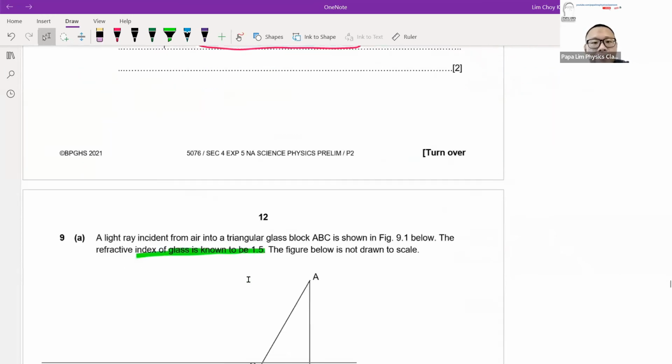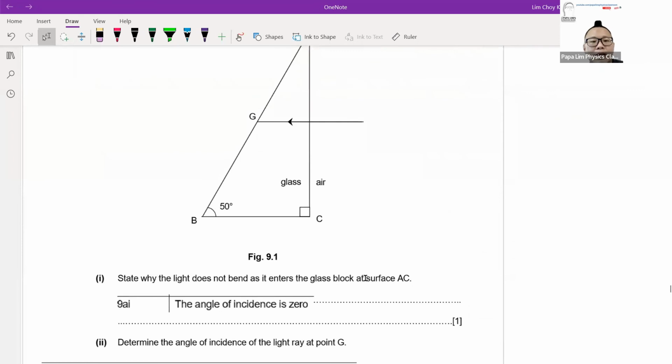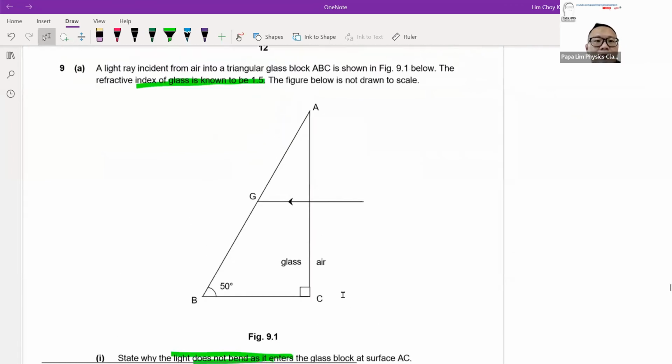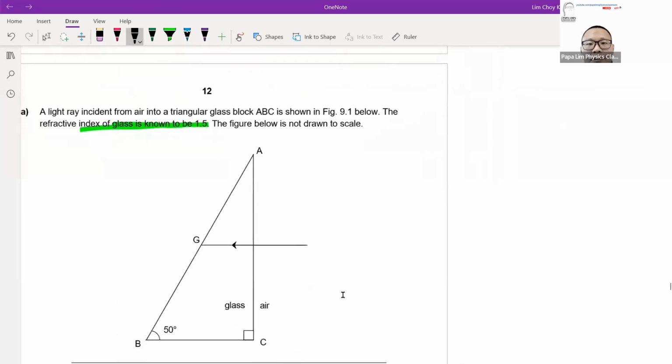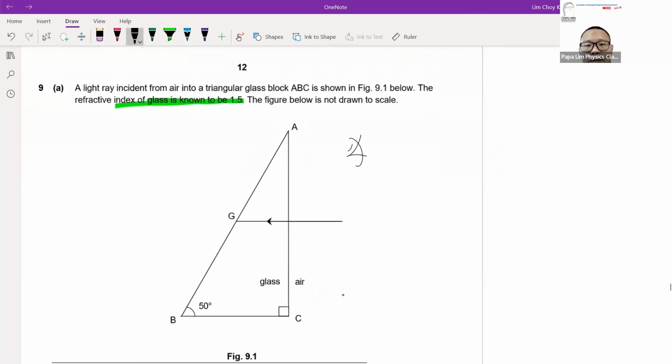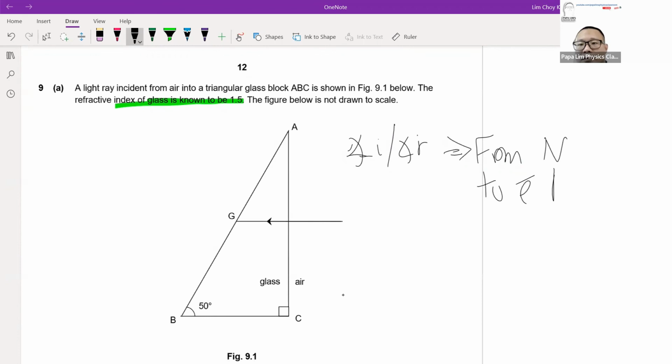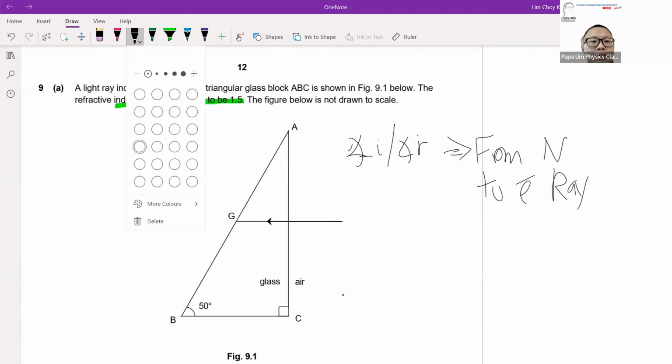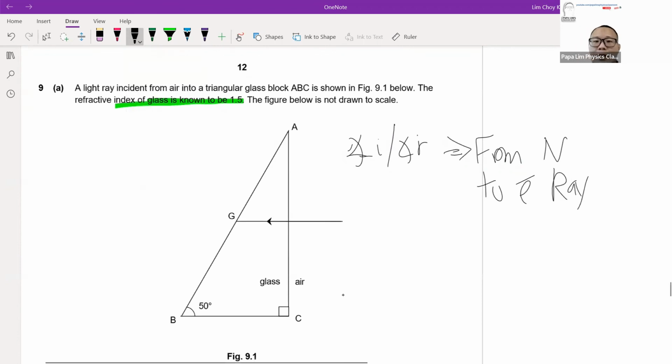State why the light ray doesn't bend. I would say it's fairly straightforward. For a light ray, always remember that the angle of incidence or angle of reflection is always measured from the normal to the ray.